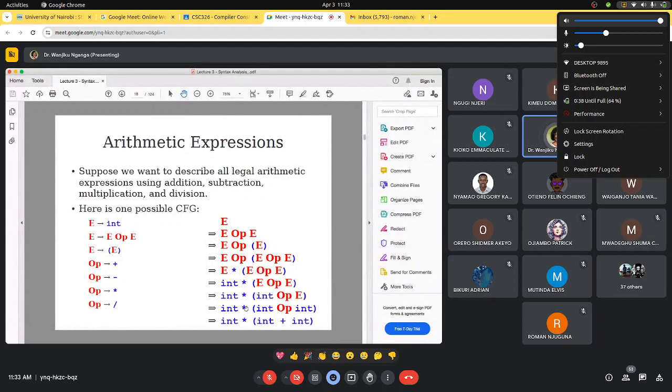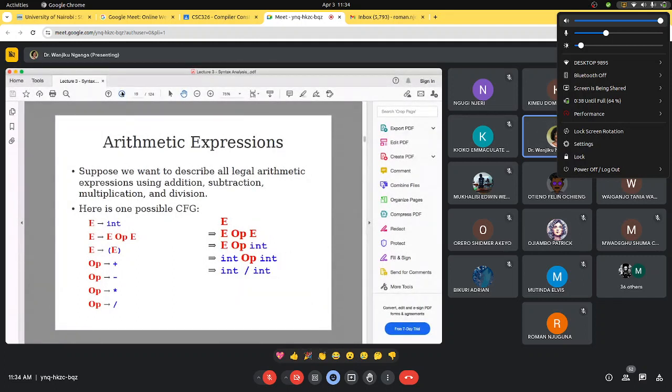So we now have int times int plus int, and then we write this in. This expression is written as int, and this expression is written as int, and then this expression is written as int, and so on and so forth, until you go back to the start symbol. And once we're able to do that, then we say that the input to the parser is actually a valid string according to the grammar that the parser is based on.